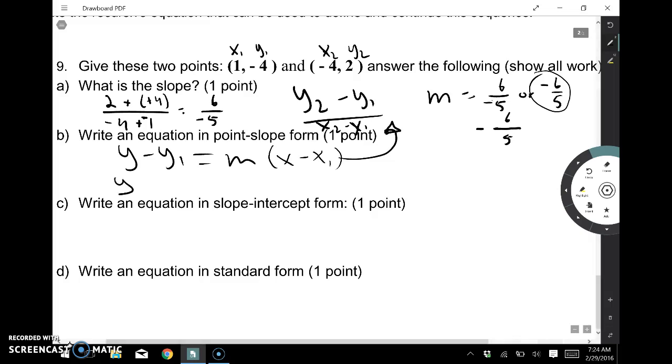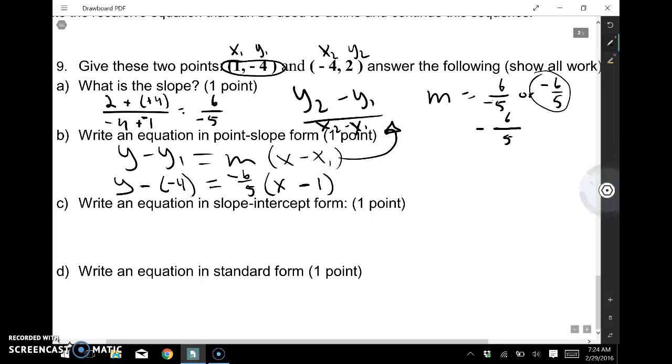Okay, so my y minus y1, I'm going to go ahead and use this point right here, which is going to be -4, is equal to, just found my slope, -6/5 times x minus 1. The only thing is this whole minus over here, I'm just going to change it to this. So it could be the same thing as y plus 4 is equal to -6/5 times x minus 1.